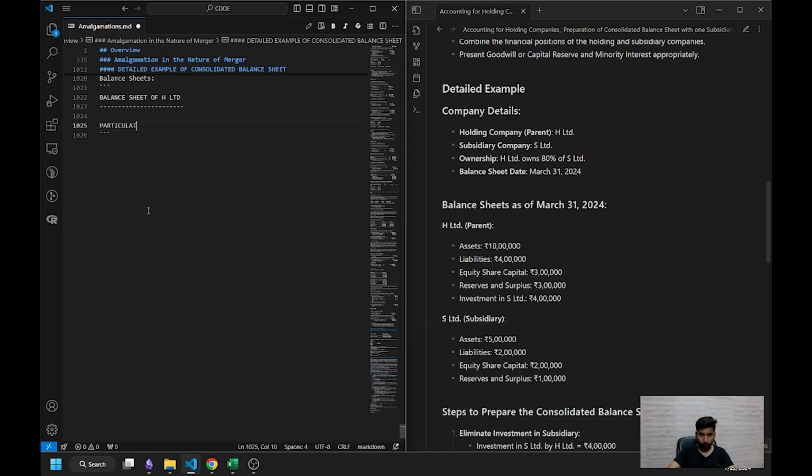Particulars as follows: total assets, total liabilities, equity share capital, reserves and surplus, and investments in S Limited.